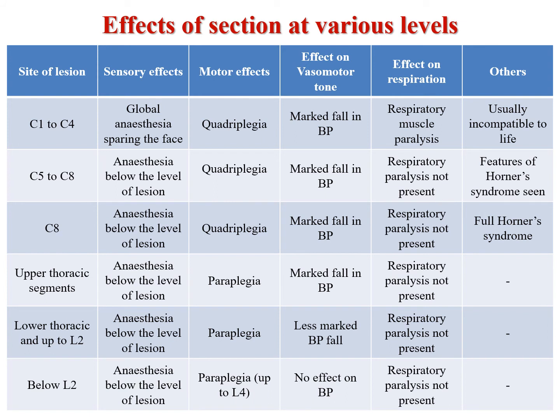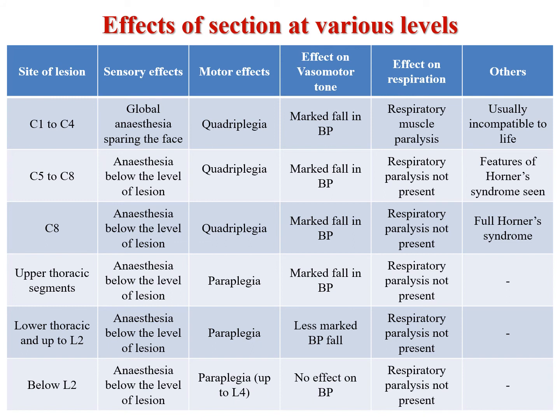One important question that you face is Horner's syndrome. What is Horner's syndrome? It is a collection of a few clinical features that occur because of lesion to the cervical ganglia.